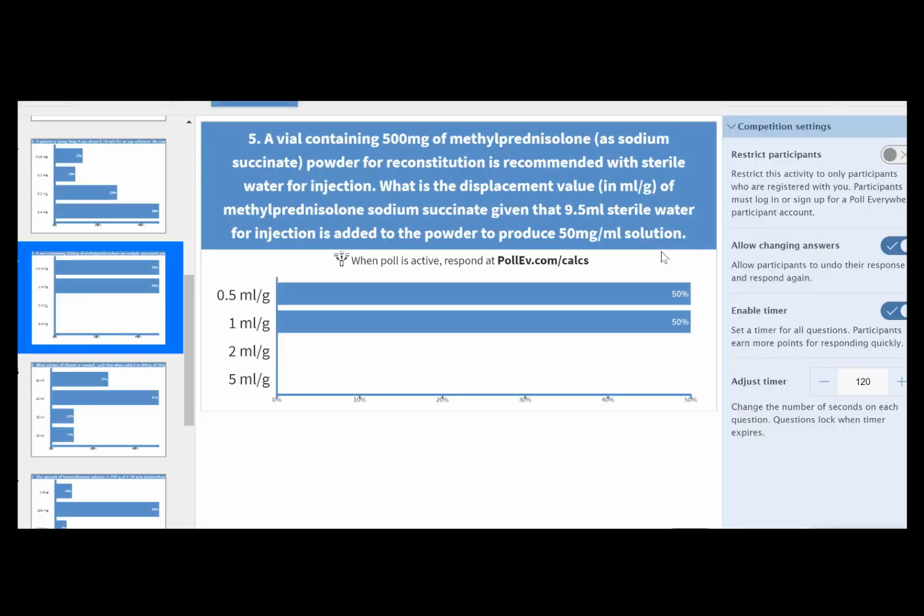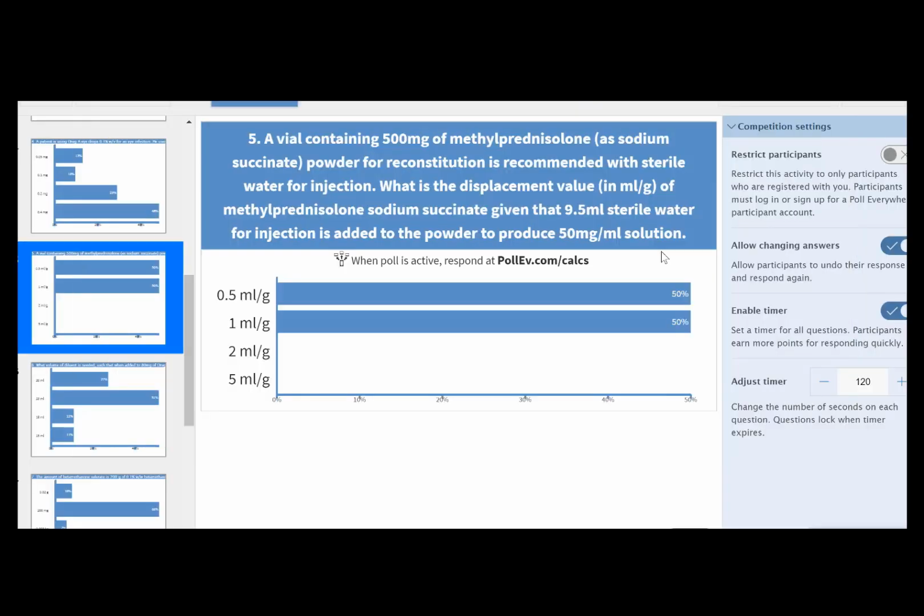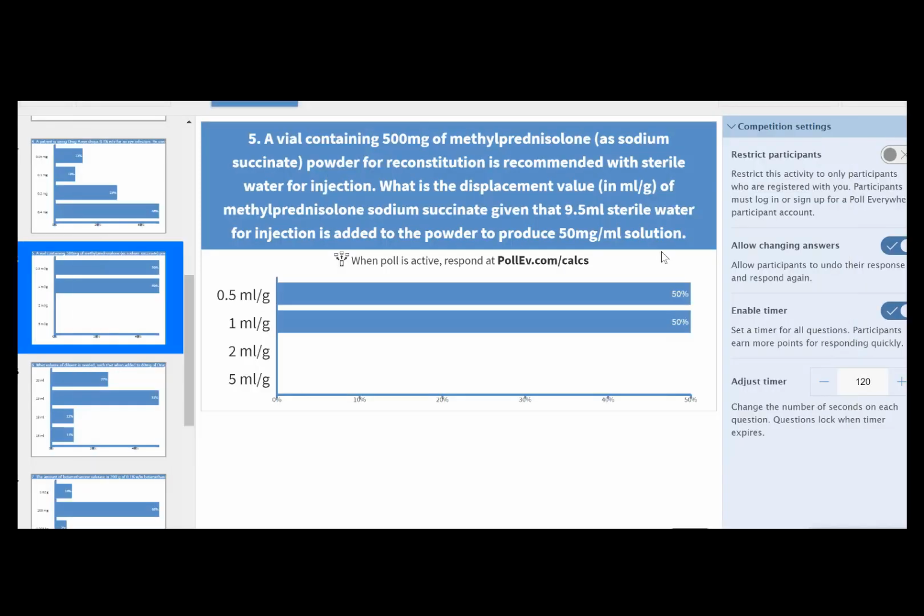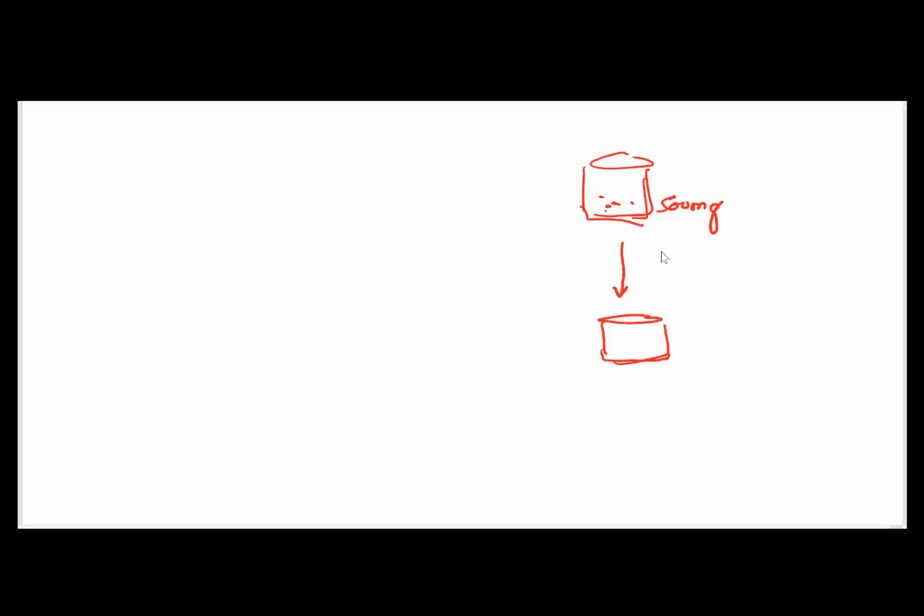Okay, that makes things easy. So say this is a methylprednisolone vial, and it's 500 milligrams. There is a powder which is 500 milligrams, right? Now, when you reconstitute it, then the concentration of the final solution becomes 50 milligrams per mil.